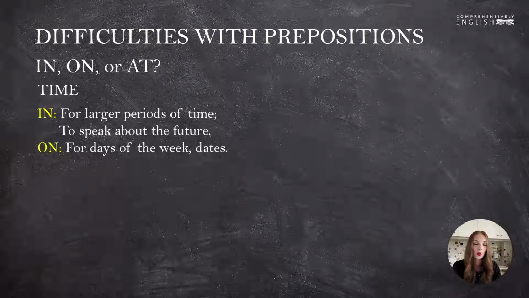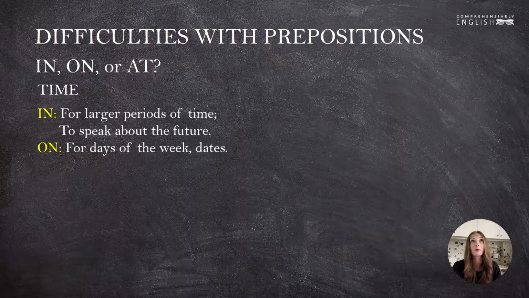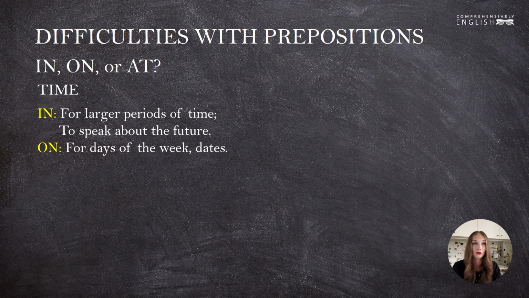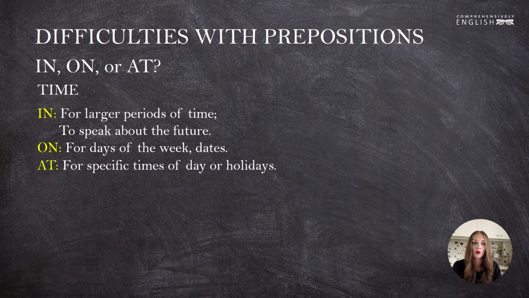And what's important here is that we speak about days of the week, different dates, and when we speak about particular days of the year, like holidays, we say on Christmas, on Easter, on New Year, on my birthday, and so on. Finally, at is used for specific times of day and holiday periods, let's say.